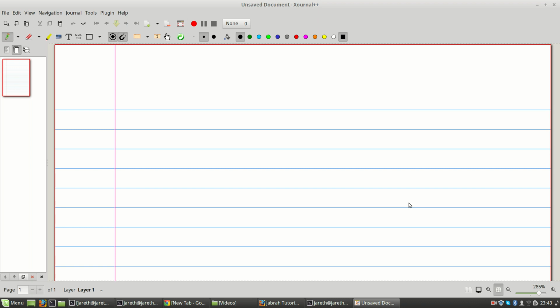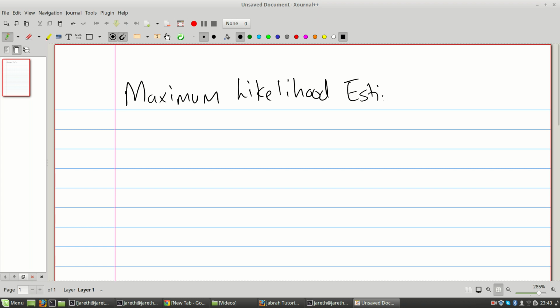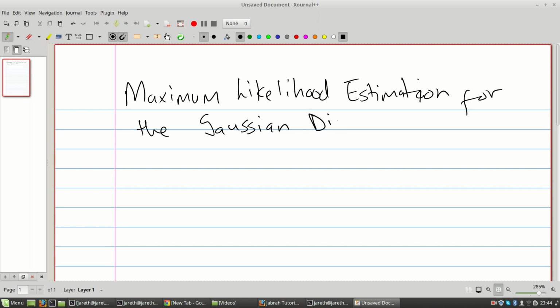So having said that, I'm actually going to get started right now. That's maximum likelihood estimation for the Gaussian distribution.